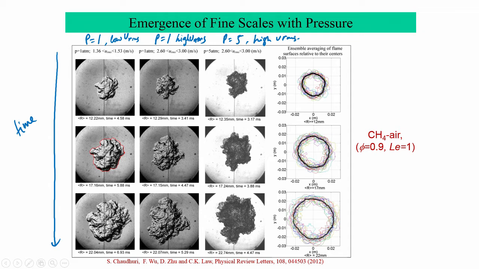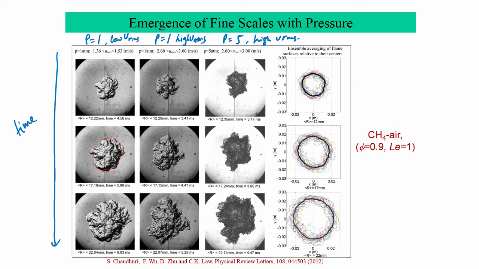Okay. So, you see in this one, at 1 atmospheric pressure and low URMS, mild wrinkles are being formed, and the flame is propagating, of course, at a given average propagation rate. Then here you see as you increase the URMS, the scales become finer and finer.